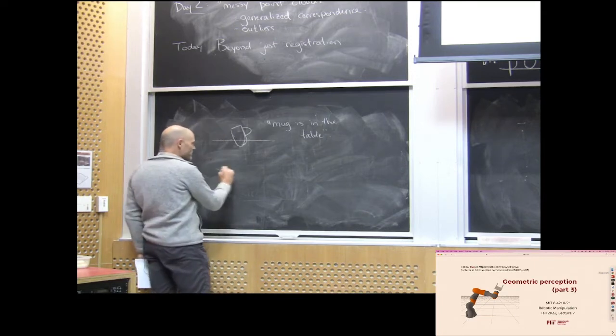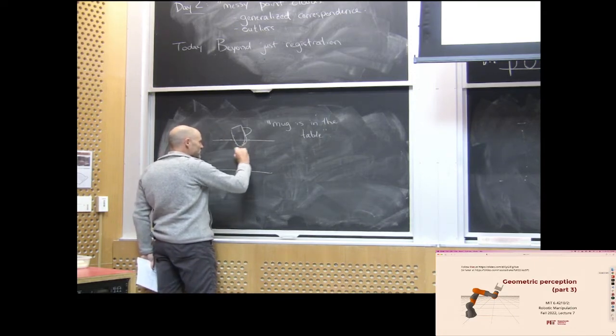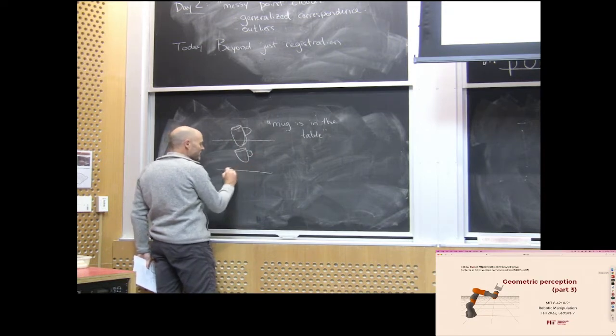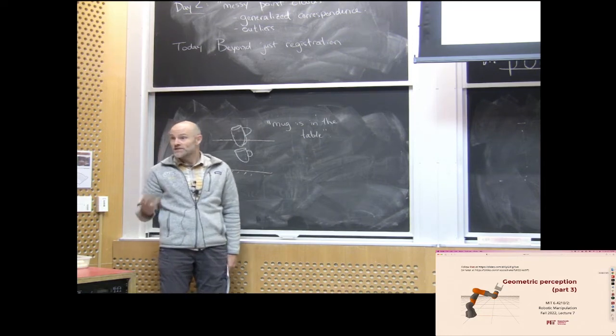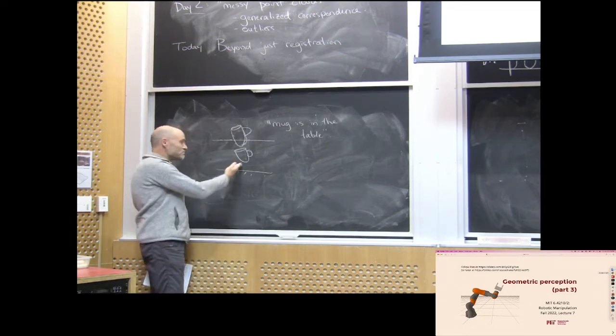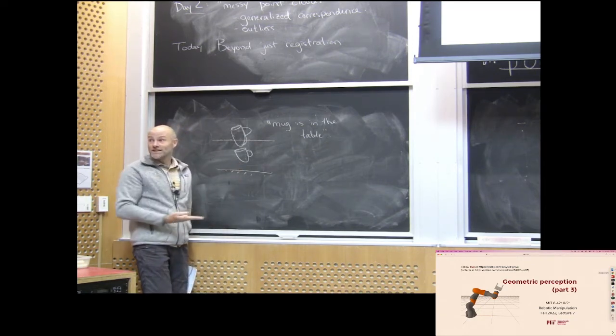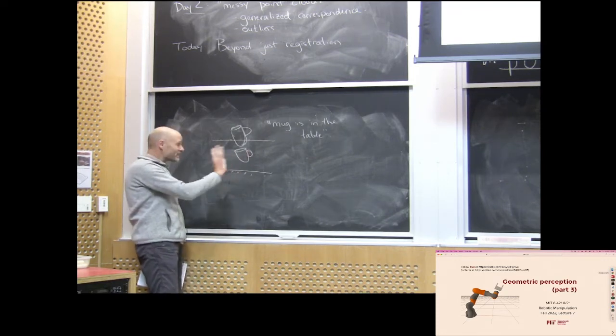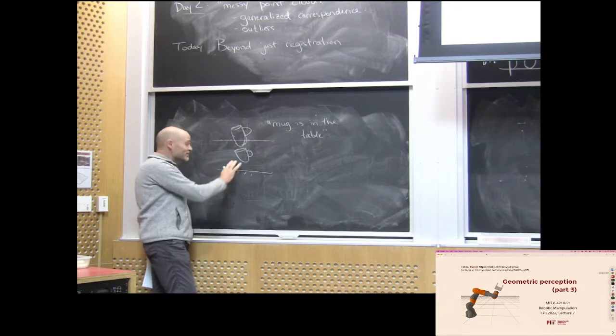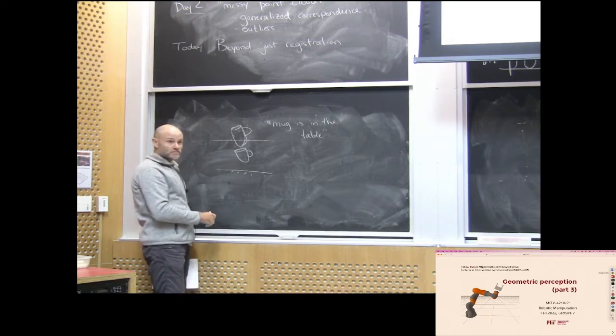Or you'll get another one where the mug is floating in the air. Again, something that the point set registration algorithm doesn't know is that mugs don't spontaneously hover in the air. Maybe when they're in motion, but if the scene is static, then this shouldn't be a reasonable answer.